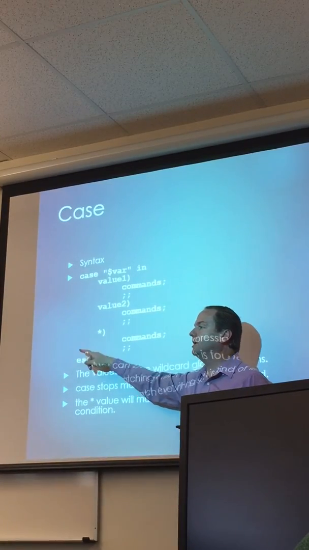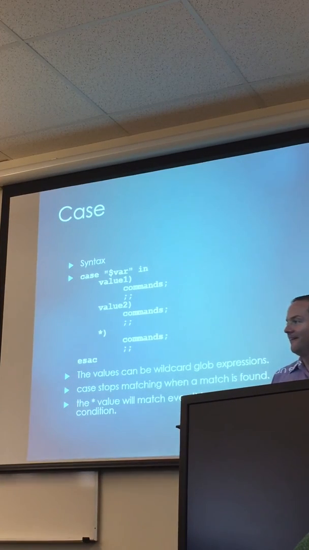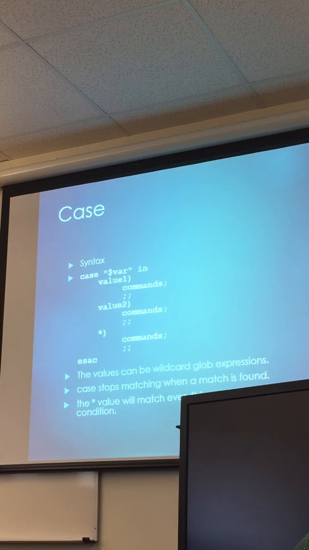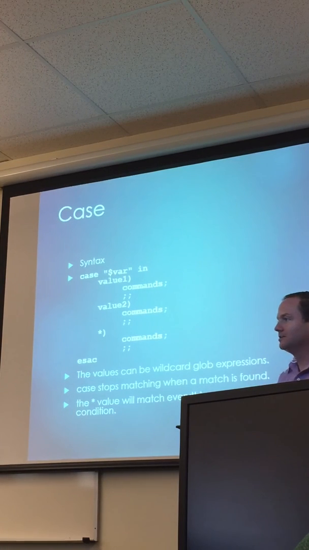Notice that, like if, you flip it around the other way and it becomes the end. So if has fi, case has esac, and so you don't have to remember, am I getting the brackets right? Am I getting the little semicolons right? Those of you who have programmed in other languages know that becomes very important. This one is a very flexible language. You can use wildcard glob expressions.